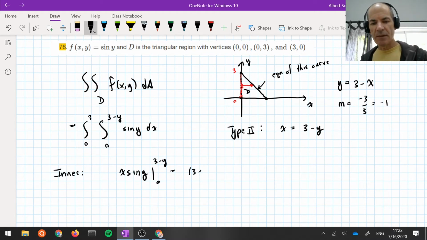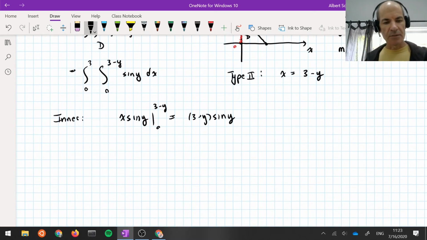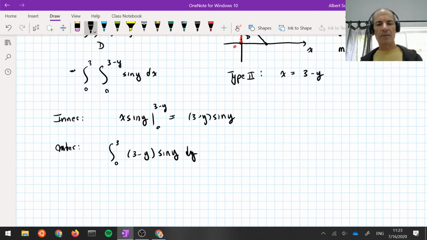So we get (3 minus y) sine of y. Plugging in 0 and subtracting, we get 0, so we're fine there. All right, the outer integral. So we take the result of the inner integral and we integrate from 0 to 3. Like that.